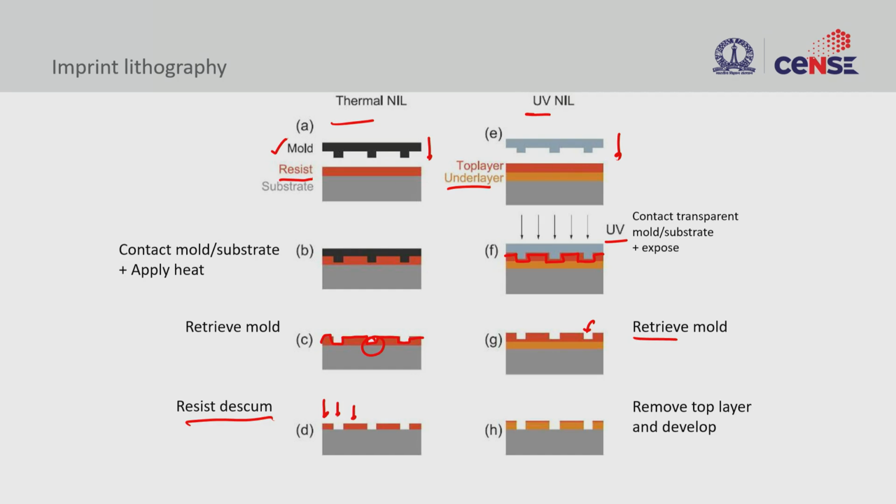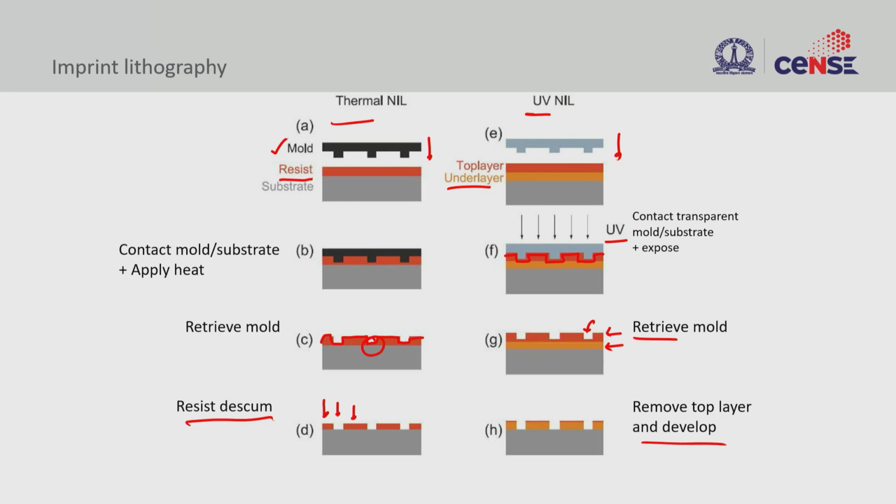And in UV you can have both a soft layer that is photo definable, and then an underlying layer that can be used to transfer the pattern, either by using a developer or some kind of plasma process.